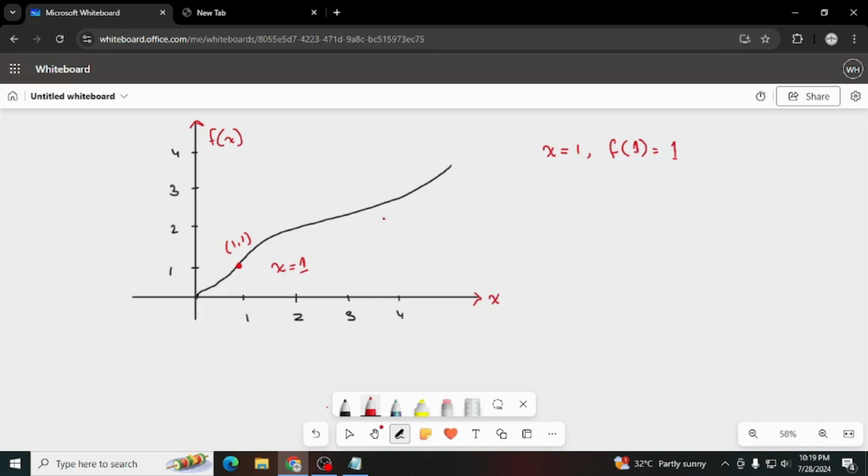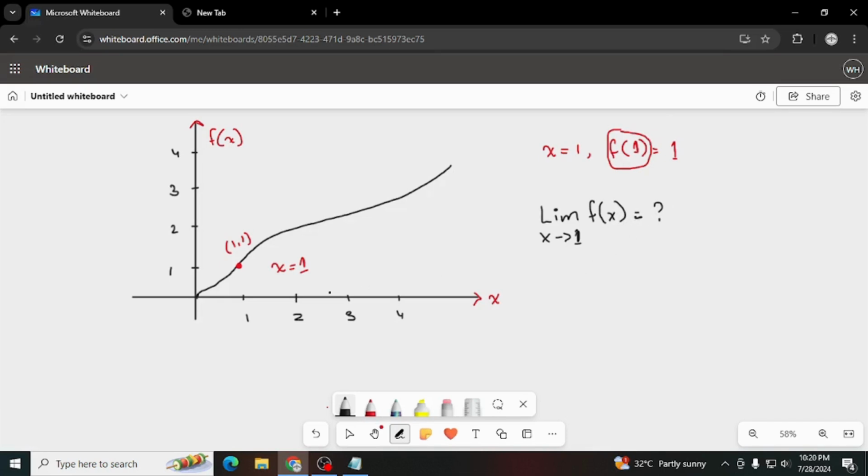But in the limits case, we are going to see what this f value is approaching when x is approaching 1. Remember, x is not 1, x is approaching 1. So in the case of limits, we write it as limit as x approaches 1, x is not really 1, but it is getting closer and closer to 1, of f of x, the function, equals the value it is approaching.